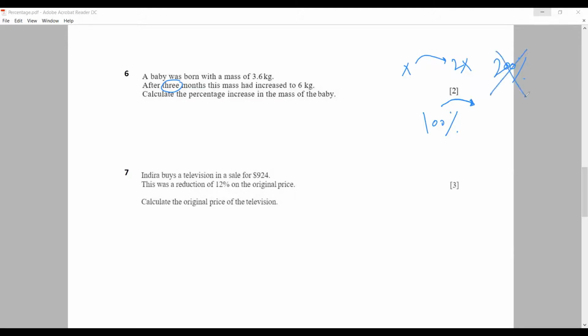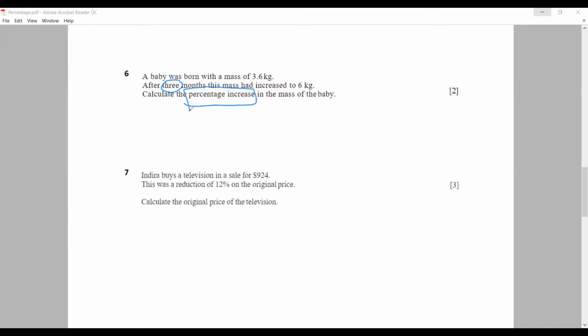No, this is not correct. If we have X and now it's doubled, the percentage increase is 100%. Okay, that's not really related to this question, but it just crossed my mind, wanted to share it with you guys. So calculate the percentage increase.